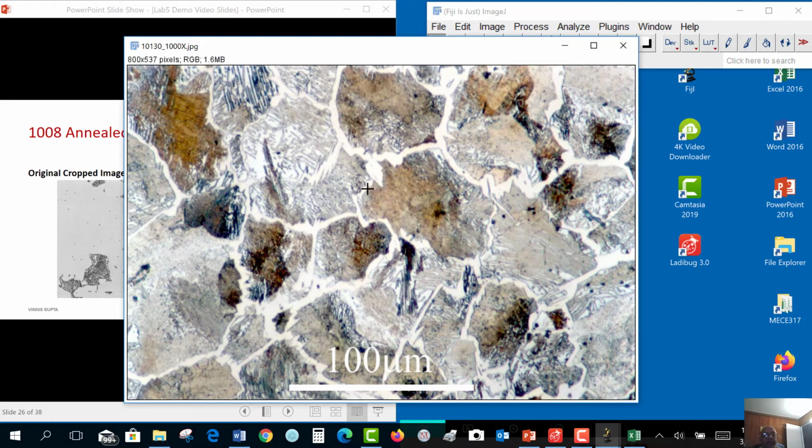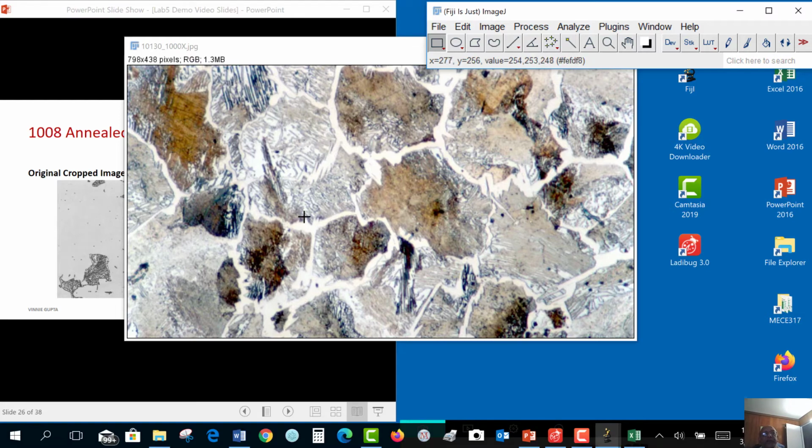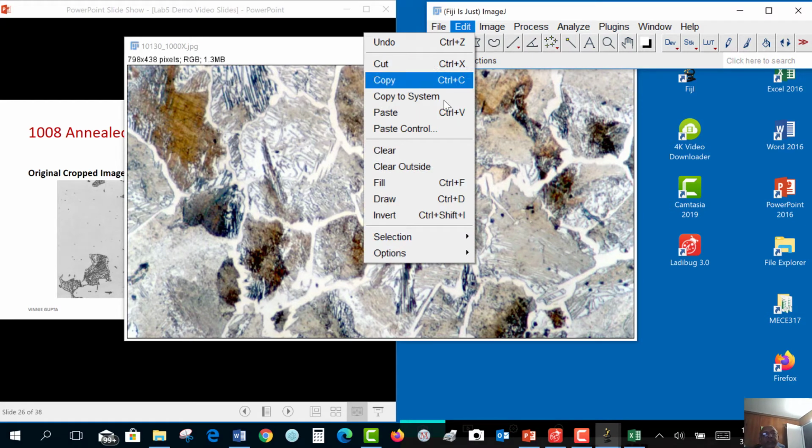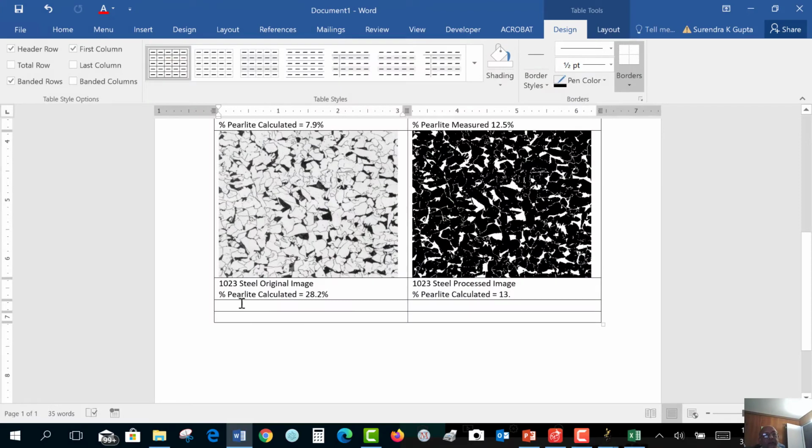Now this is a colored image, and again this has a label here, so we are going to crop it. So image crop. So this is the image we are going to work with. So let's copy it to the system. Go into our Word sheet.